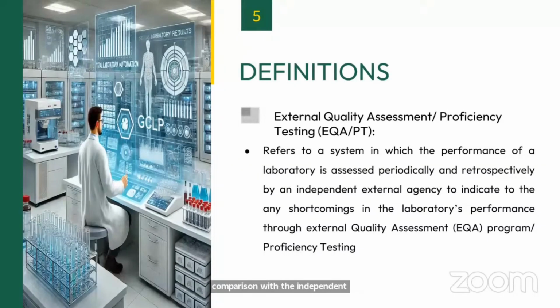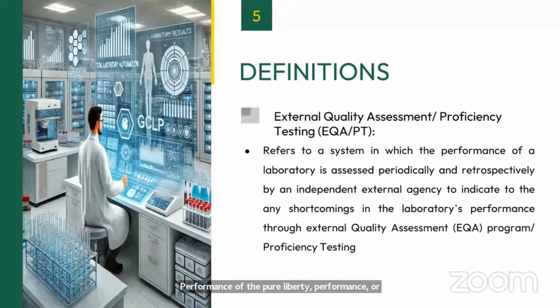There will be multiple laboratories where your performance will be evaluated and compared with various other laboratories. It is carried out by independent external agencies to indicate any shortcomings in the laboratory performance through an external quality assessment program or proficiency testing program. So basically it is a third party evaluation of your laboratory performance.